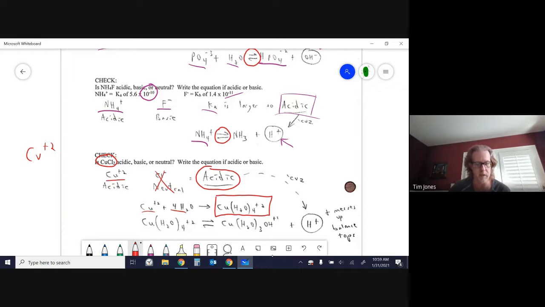And it is the complex ion right here, I'm using a new color to emphasize it, the purple, that gives off a hydrogen. And that's why it forms an acidic solution.